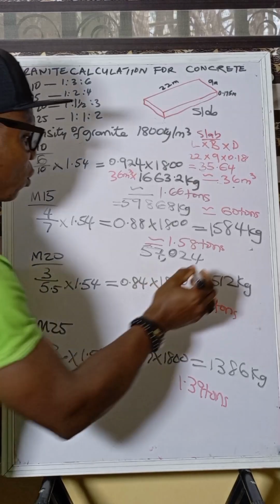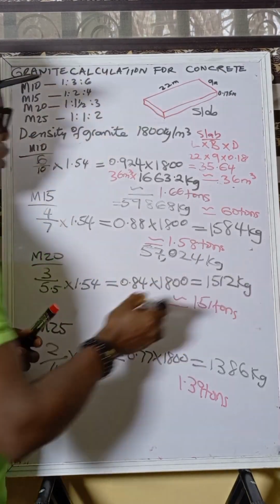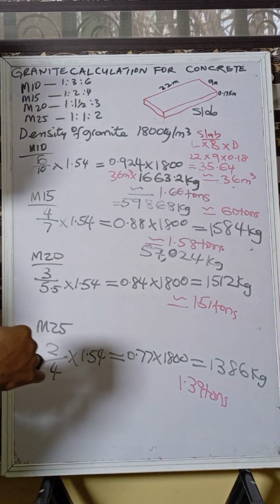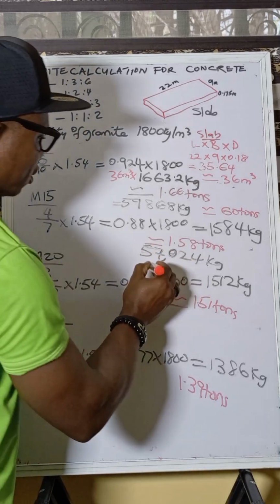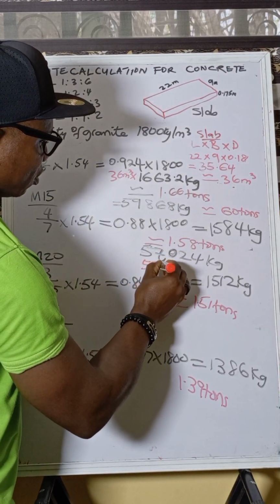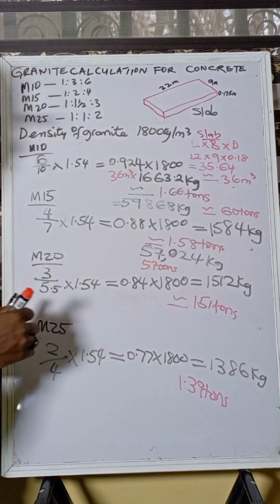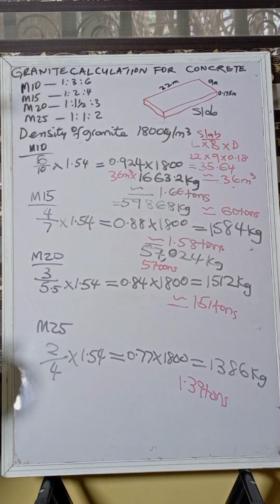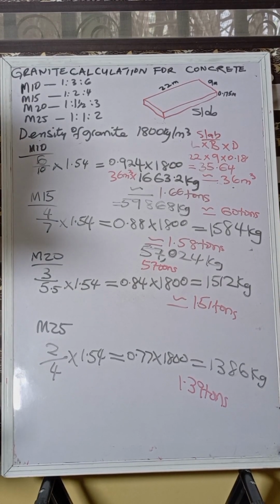That's what we'll need for 36 cubic meters of concrete using M20. While for M25, we need 50 tons of granite. That's what we need for M25.